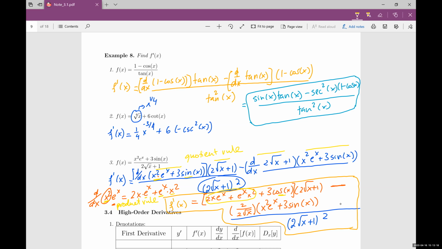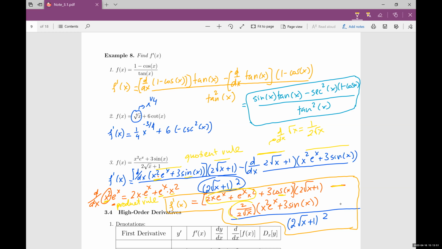And then you take this whole thing multiplied by 2 square root of x plus 1, which is the bottom function, minus the derivative of the bottom function here, which is 2 times square root of x, which is 2 divided by 2 square root of x, because the derivative of square root of x is 1 over 2 square root of x, plus the derivative of 1 is just 0.